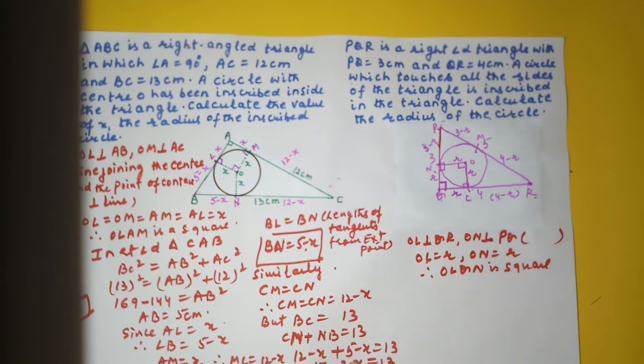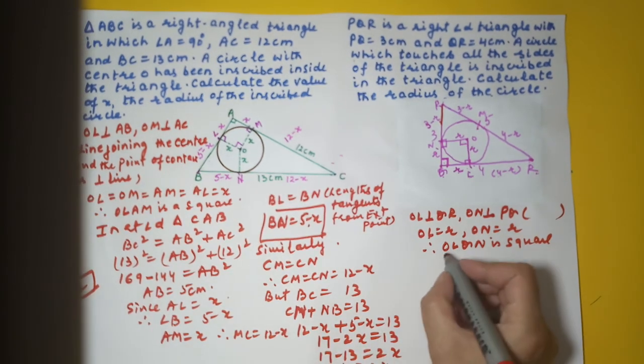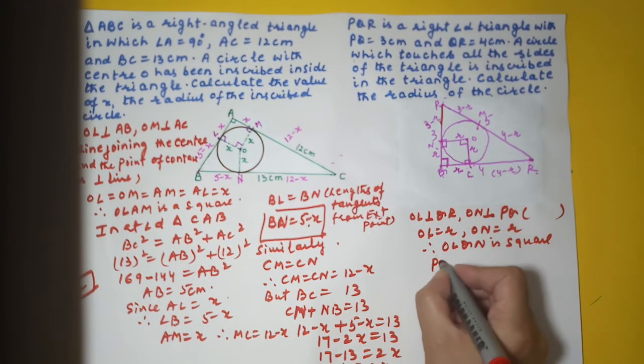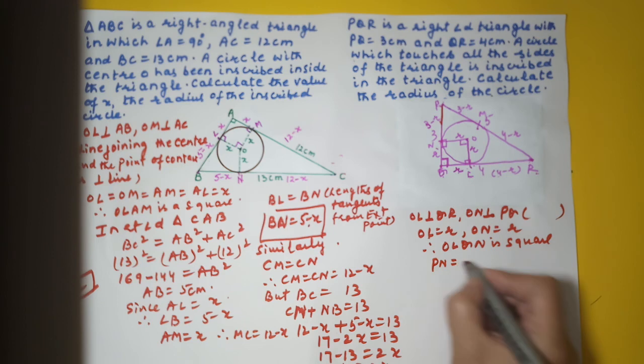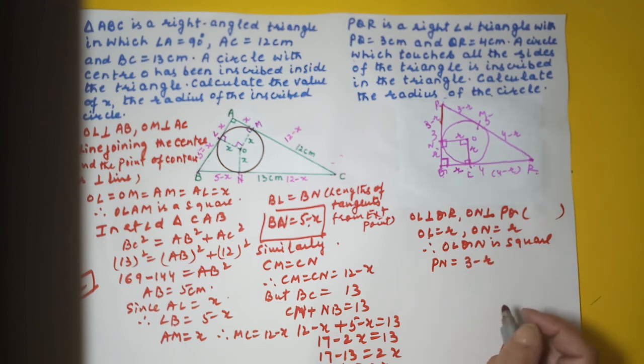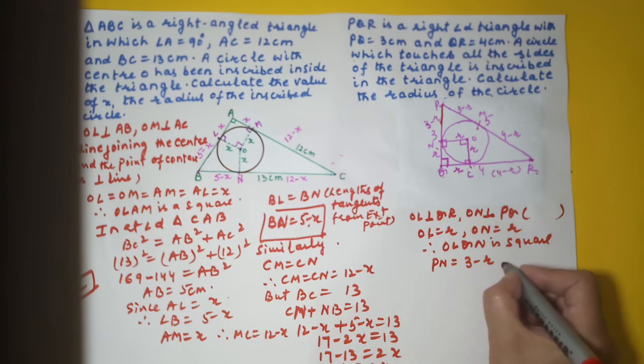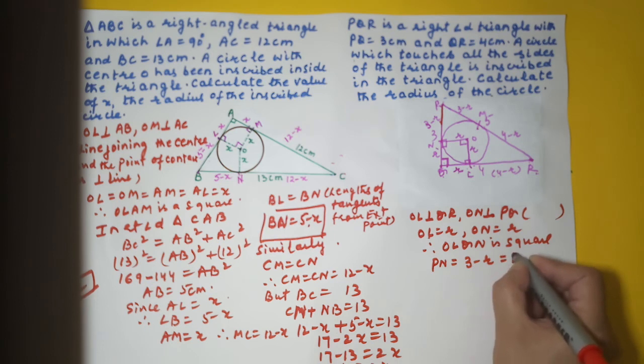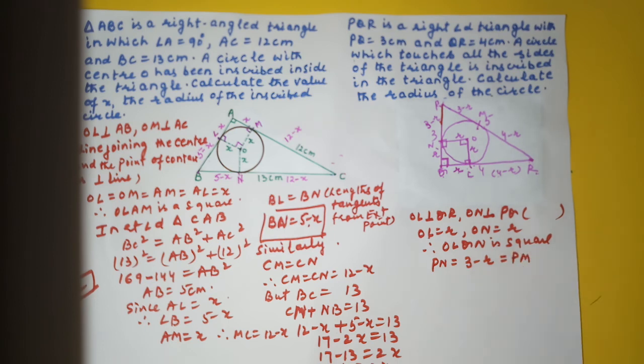Okay. Now, what we will do is we will write that PN is equal to 3 minus R. Similarly, PM, which is equal to PN, right? Why?